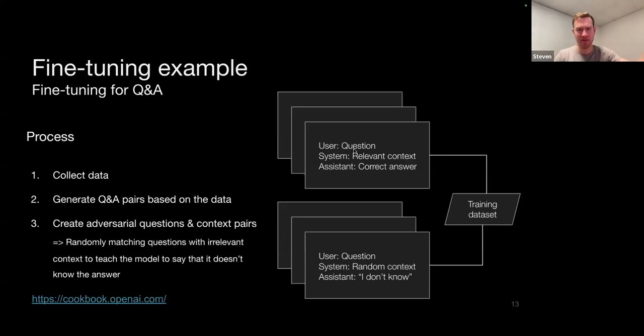I think the cookbook in particular uses questions about the Olympics. So it says, if the question is about the Olympics and you know about these things, you can answer it. Otherwise, you should respond with I don't know, if it's outside that knowledge base. And fine-tuning does really well at reducing the number of false positives.